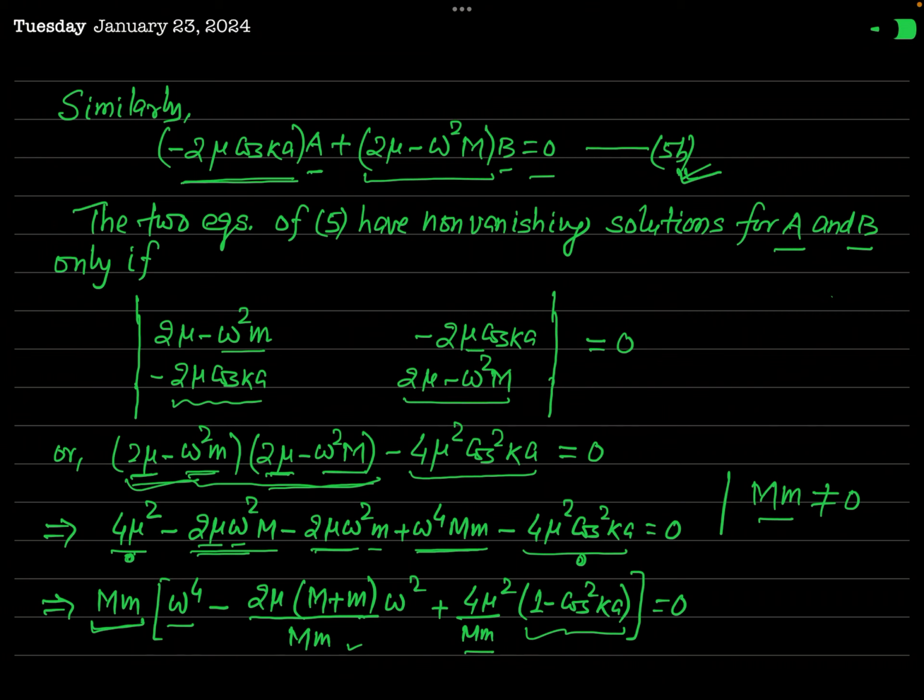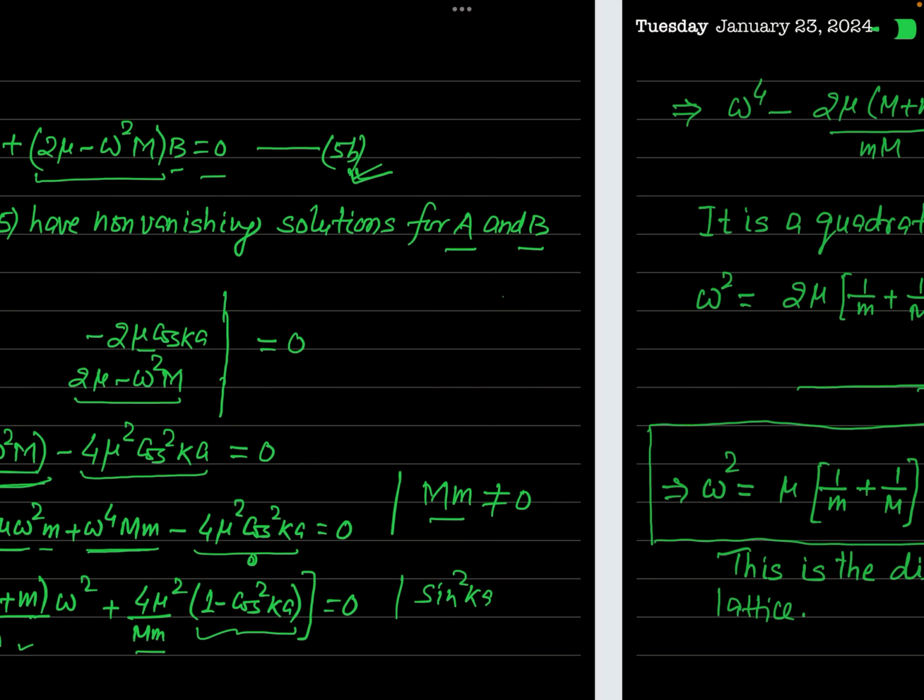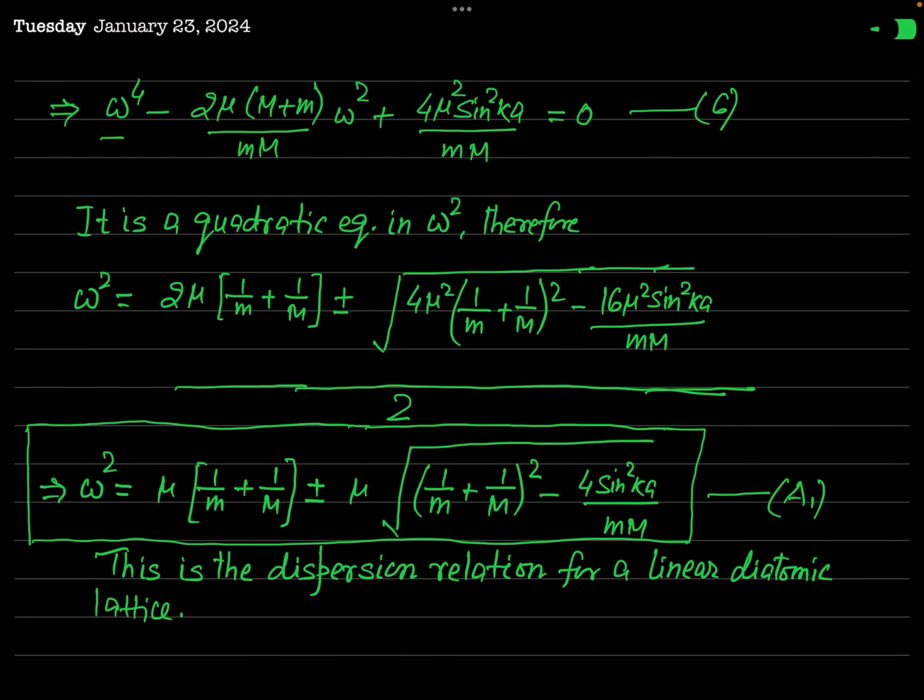And you know this 1 minus cos square Ka is equal to what? This is sin square Ka. Okay. So our result is omega 4 minus 2 mu times (M plus m) over M times m times omega square plus 4 mu square sin square Ka by M times m, and that is equal to 0.